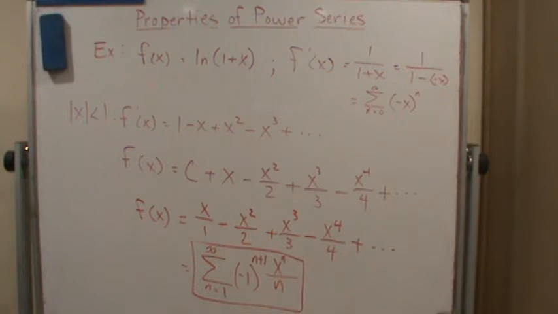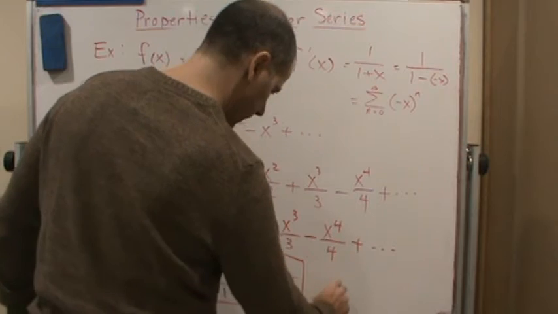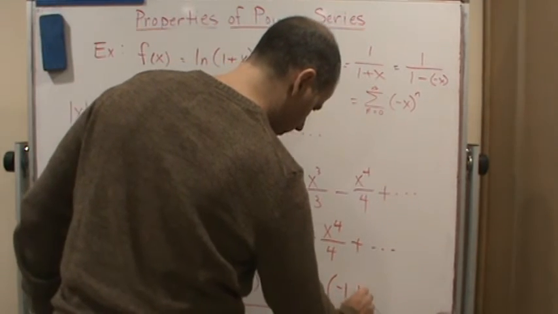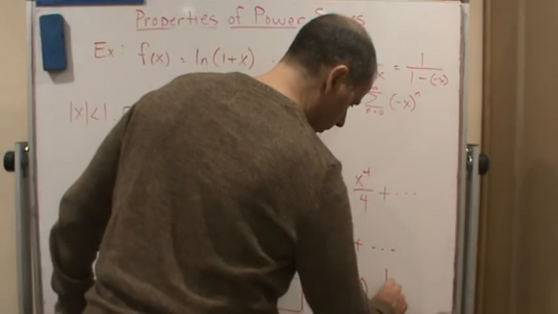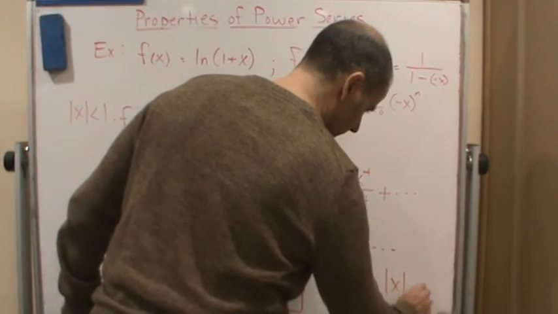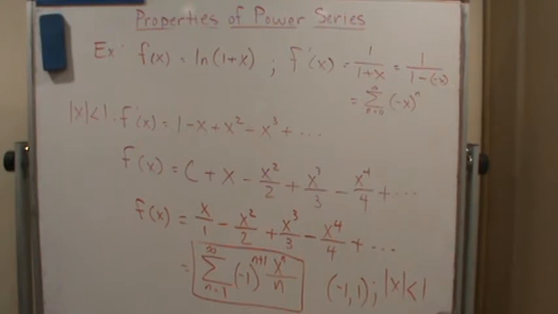Okay, now, of course the interval of convergence for this is -1 to 1, or we say the absolute value of x is less than 1. So that's true for all absolute values of x less than 1.